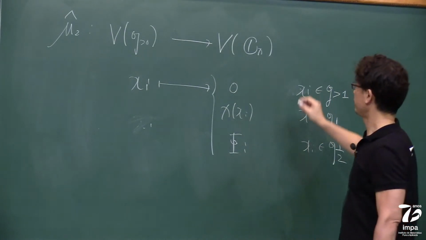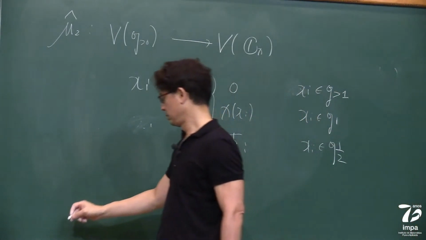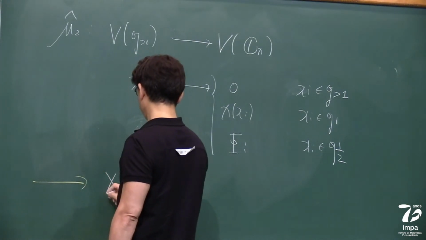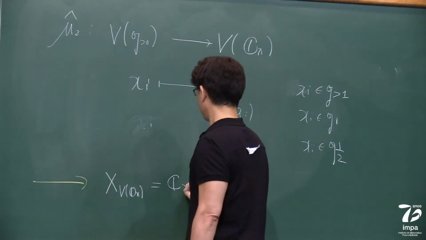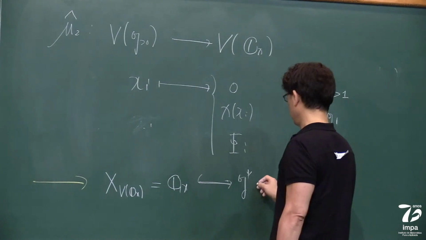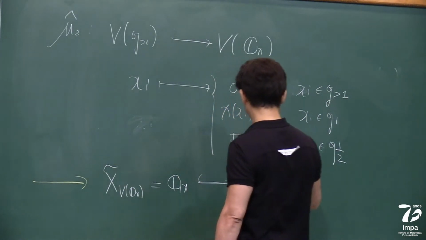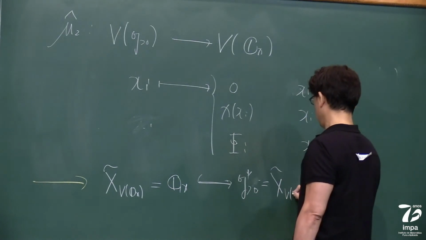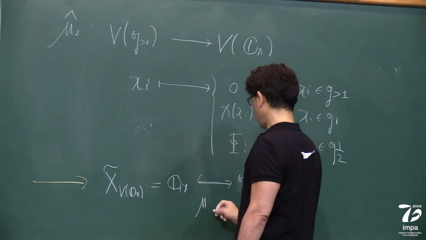And you can easily check that this is a vertex algebra homomorphism. And by taking the associated scheme, you recover the morphism from V of O chi, which is the same as O chi, to the natural embedding, which was the momentum map for O chi.